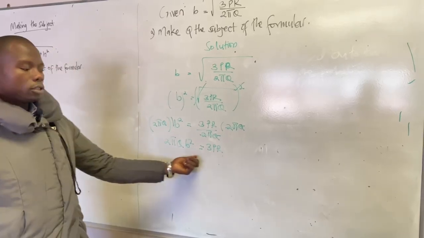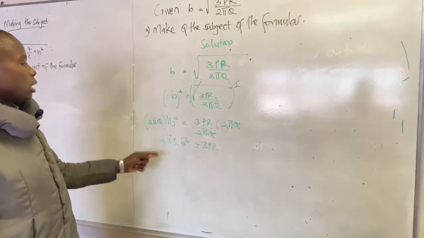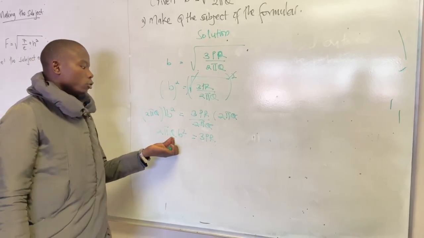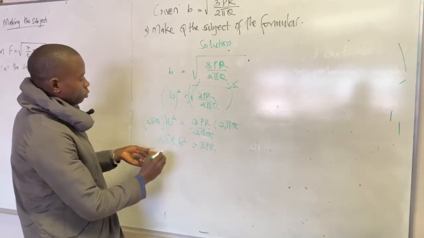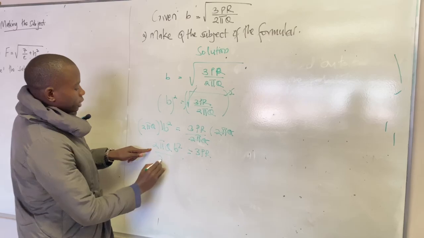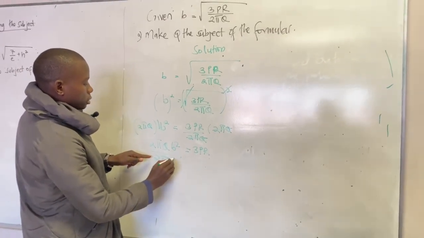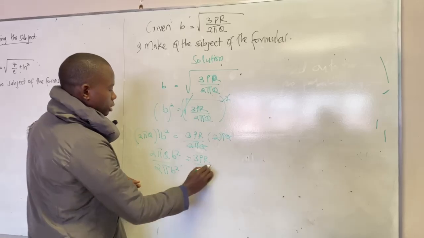So if we have this equation, we have 2 pi q b squared. But remember, we need q to be the subject of the formula. So we are going to divide by 2 pi b squared on both sides.